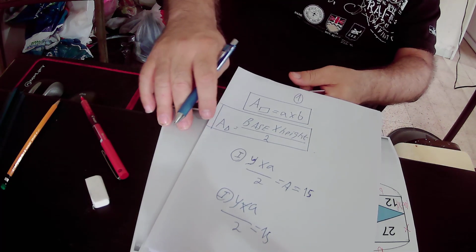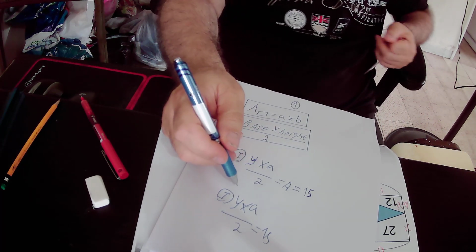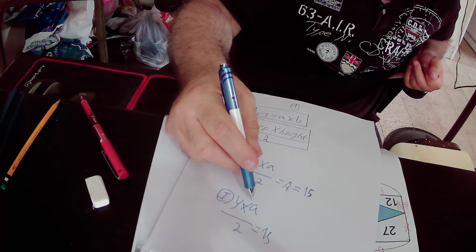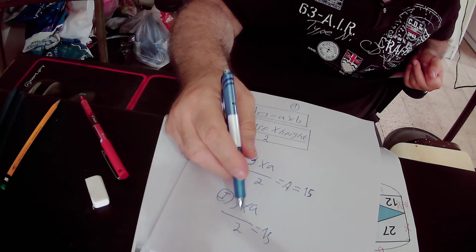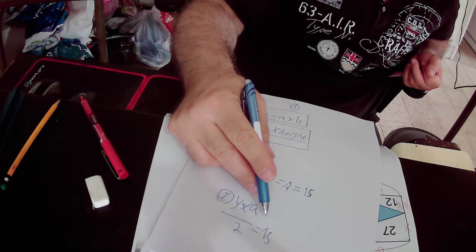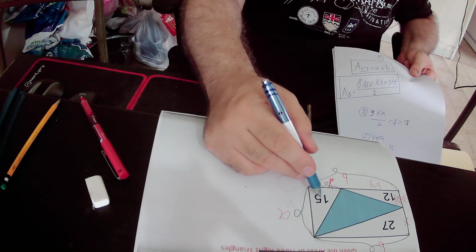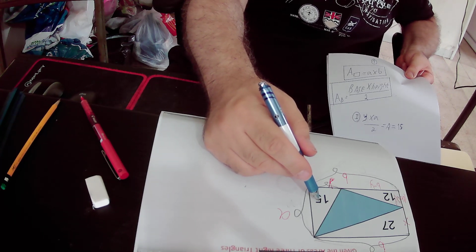So again, the area of the triangle is the base of the triangle, that is y, times the height of the triangle, that is A, divided by 2. The area equals 15 units because it is given to us. The area of this triangle is 15 units.